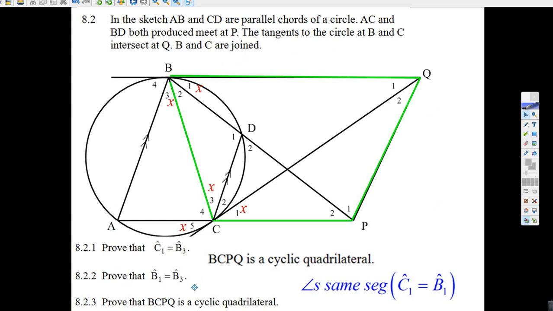And why is that? Well, there's 3 ways you can do it: opposite angles, exterior angle. But look, C1 and B1, they're angles on the same segment. So angles on the same segment, C1 and B1 being equal, that's why BCPQ is a cyclic quad. And that's just about it. There's question 8 done.